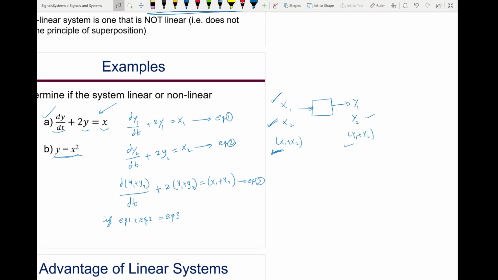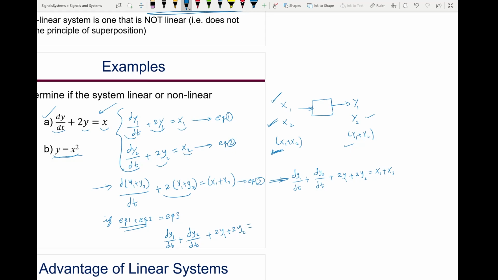So let's see. Equation 3, I can express it as the following: dy1/dt plus dy2/dt plus 2y1 plus 2y2 equals x1 plus x2. Now, if I add these two equations, dy1/dt plus dy2/dt plus 2y1 plus 2y2 equals x1 plus x2.